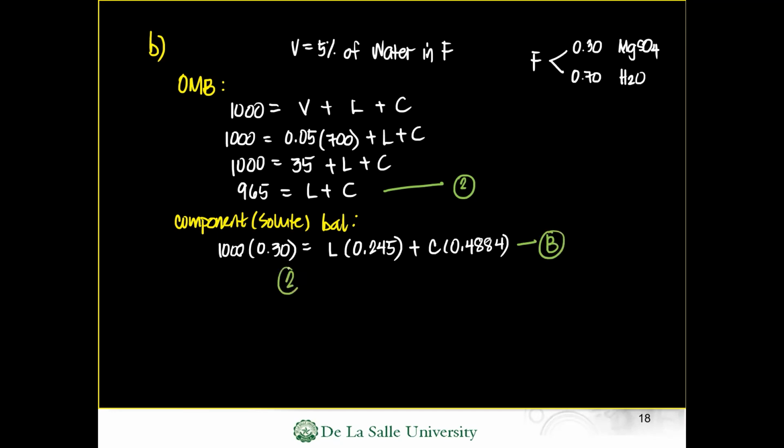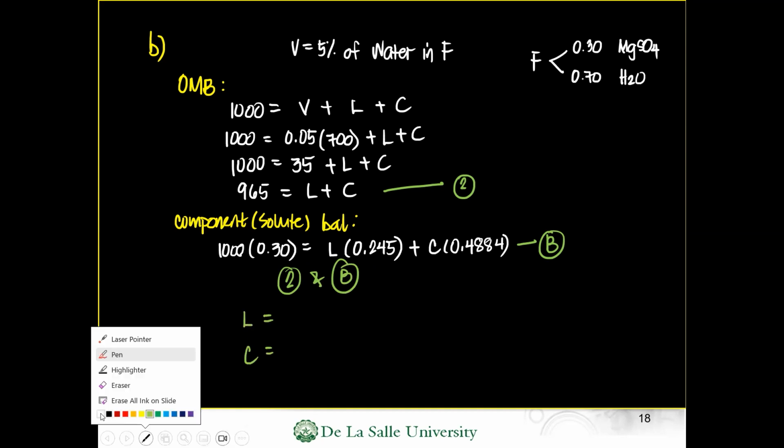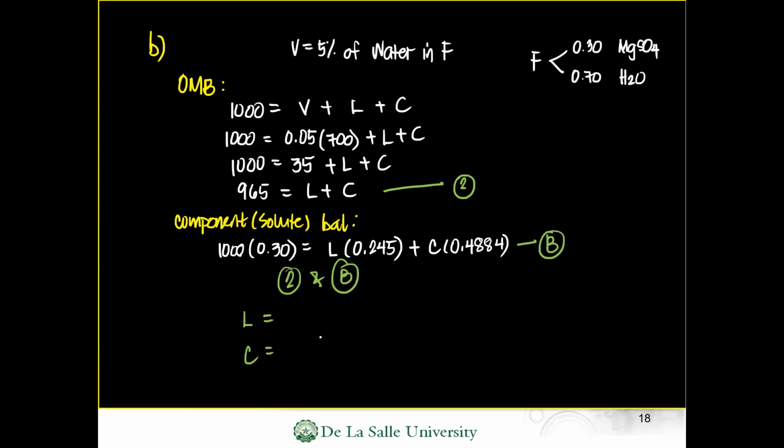So 2 and B, you'll have your L and you'll have your C. What's the L, please? Can you please solve? L is 703.8, and then the other one is 261.20. This is kilograms, that's kilograms.